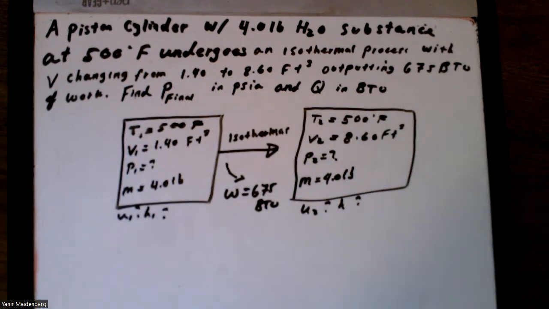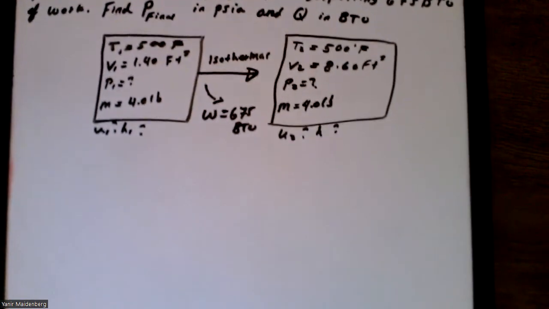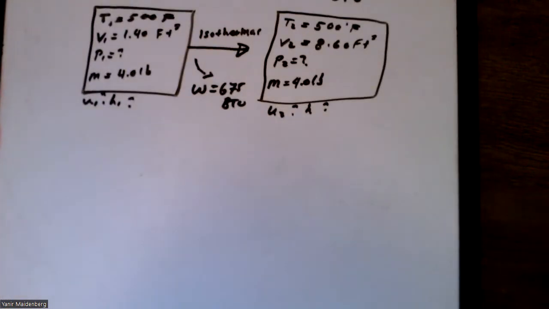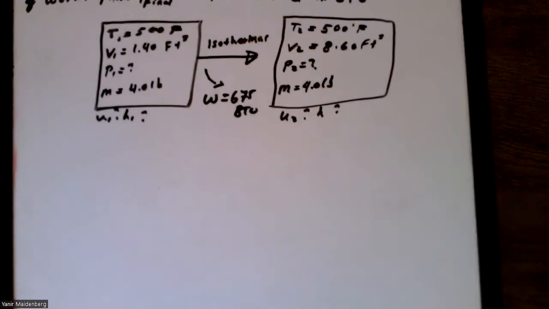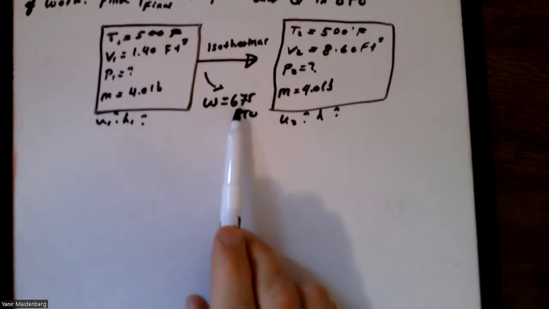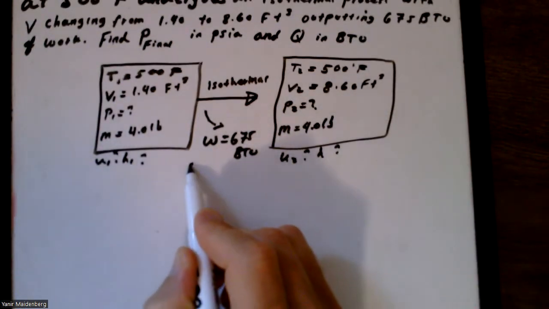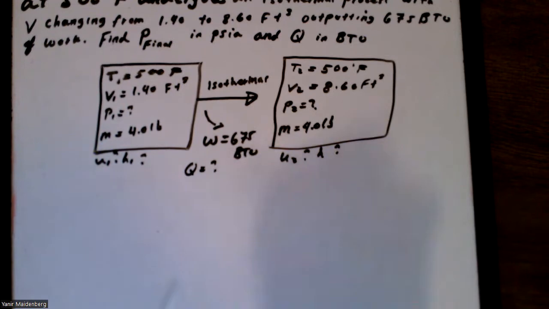We are also looking for the heat. Okay, so I'm going to write down the first law. To reiterate, when work is done by the system, it's got to be positive, so that's why I kept it as positive. We don't know what Q is. Maybe it's 0, maybe it's not. Who knows? We're asked for that.